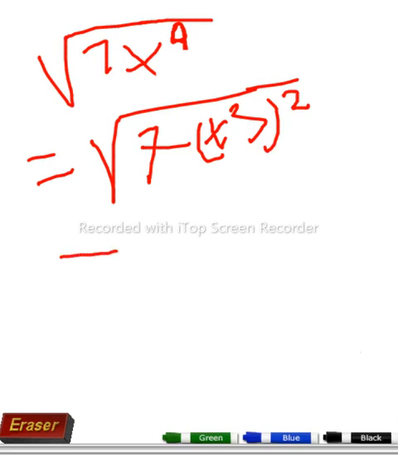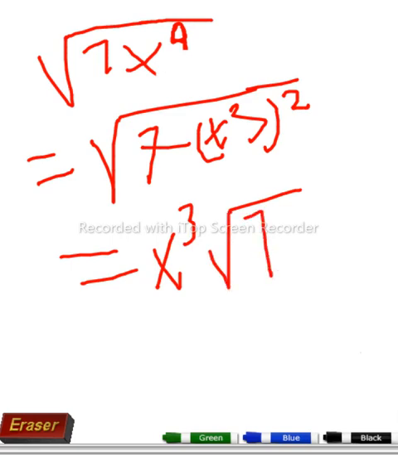So x cubed to the power of 2. The 2 is cancelled by the 2, we get x cube here, and 7 stays as it is. So this is the answer for our equation after simplification.